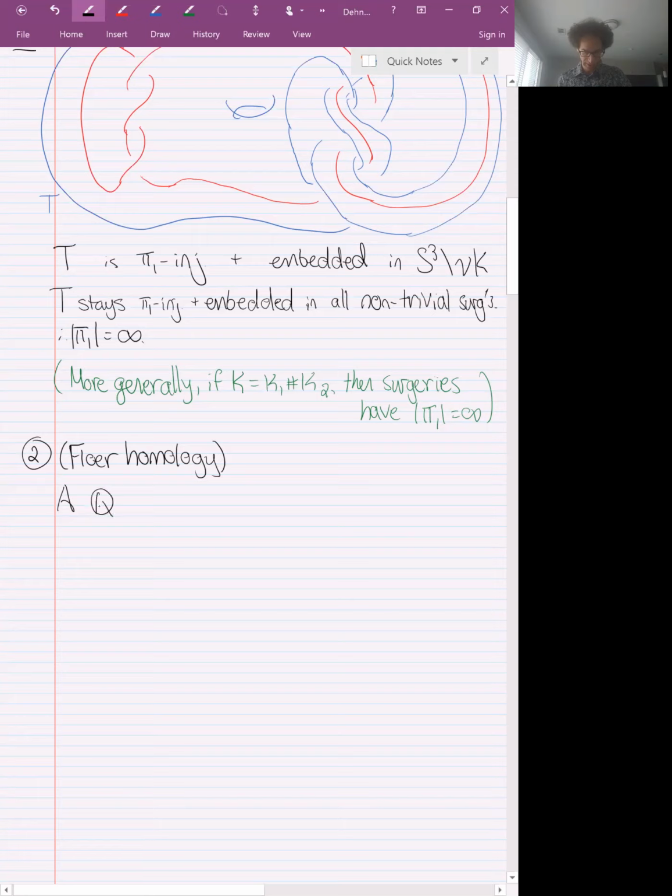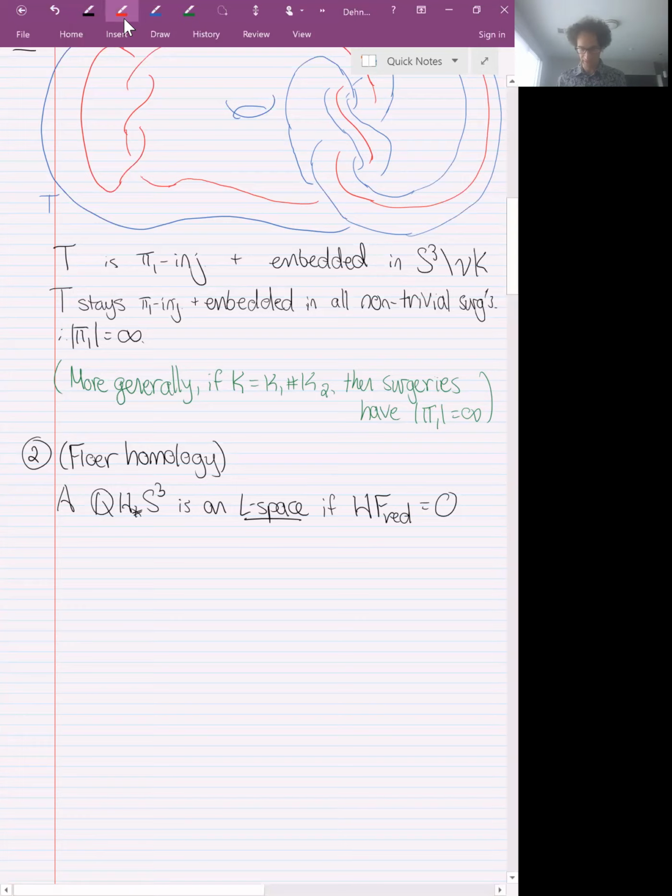I'm going to say that a rational homology sphere, so a three-manifold with b1 equals 0, is an L space if the reduced Heegaard Floer homology is 0.